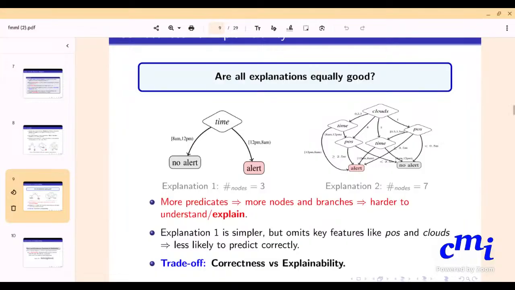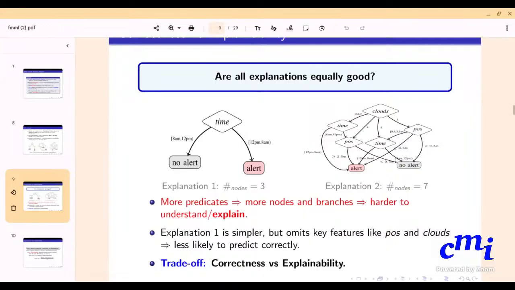More predicates, more nodes, harder to explain. The simpler explanation omits key features like position, so it is less likely to predict correctly. You should say correctness means how accurately this interpretable model predicts the original behavior, and understandability is how easy it is to read. Yes, I will mention this.